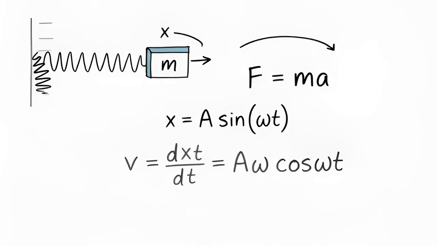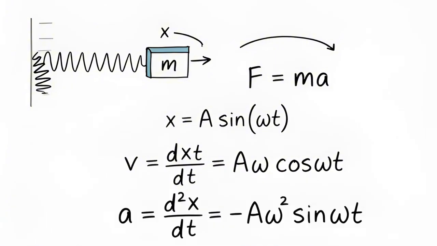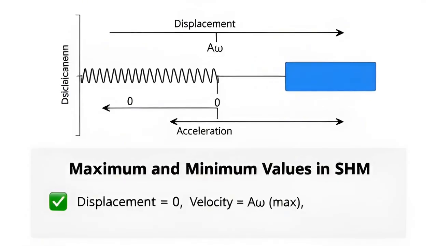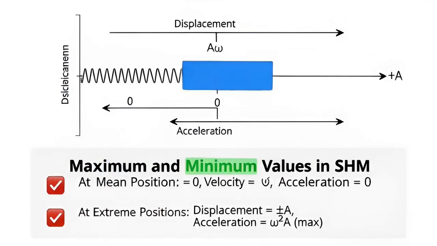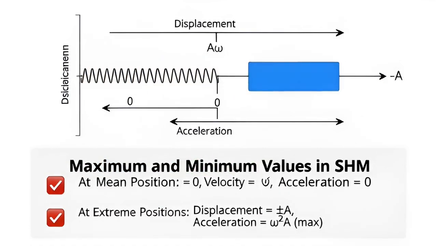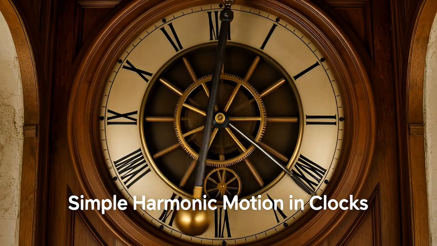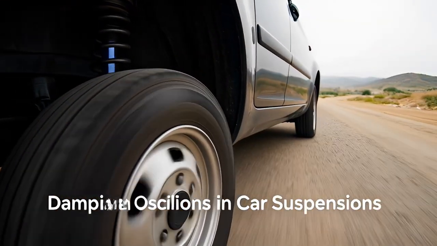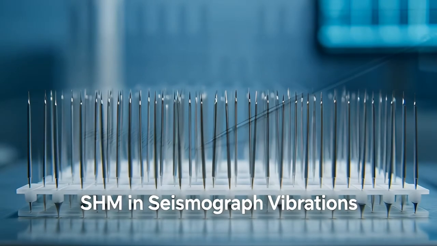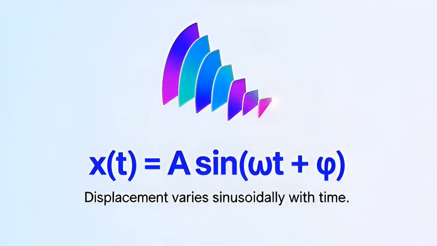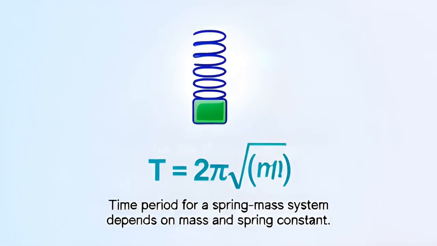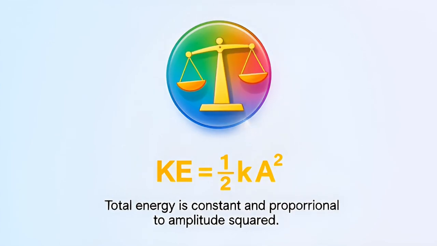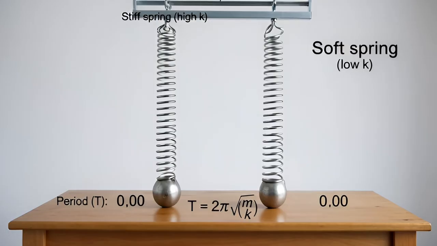Angular frequency, denoted by the Greek letter omega, is related to frequency by the equation omega equals 2 pi times f. It is measured in radians per second and represents how quickly the phase of the oscillation is changing. The phase of an oscillation describes the state of the motion at any given instant, telling us not just where the particle is, but which direction it is moving.